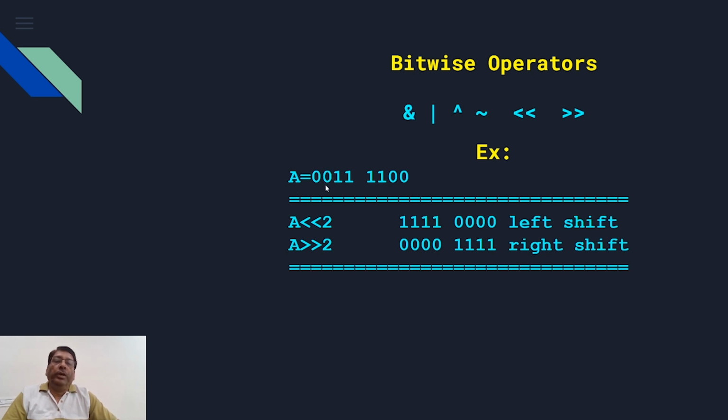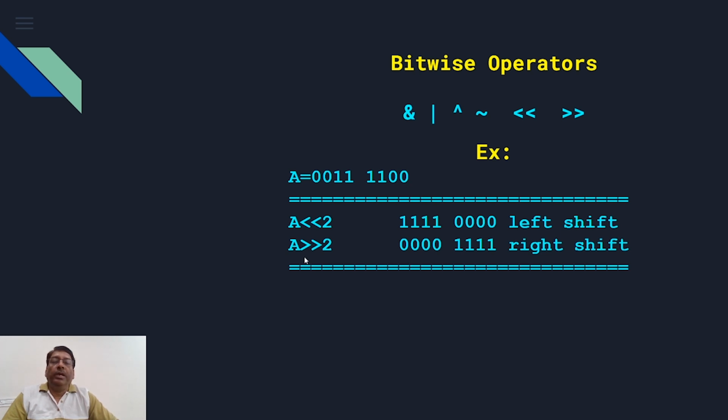When you shift it two times, this 0 will disappear, this 0 will disappear, and you will be left with 1 1 1 1 0 0, and then two more digits will be added over here towards the right side of the number. So that is how you can perform the left shift operation.